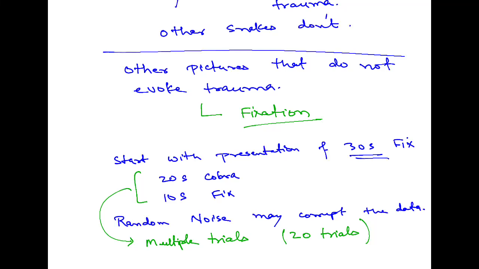Then after a quiet fixation, there is nothing in there, just an X mark on the screen. That is fixation. Then we do it again, another 10 seconds of fixation, then give that cobra stimulation, and you randomize both, because there are only 2 options available.